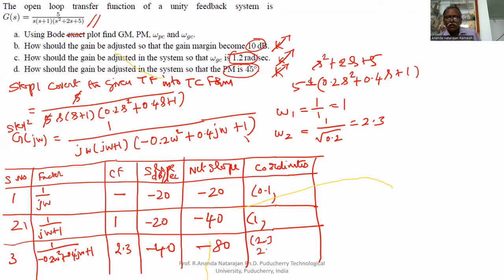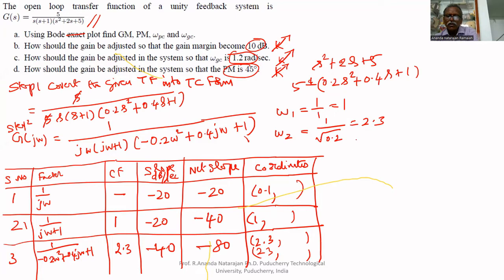Then 23. So these are the coordinates that we have to find.